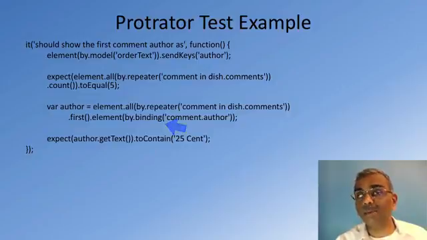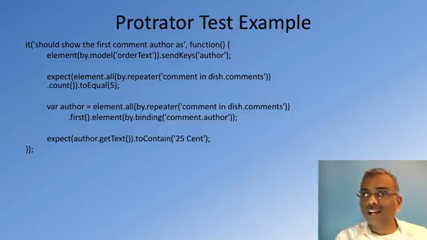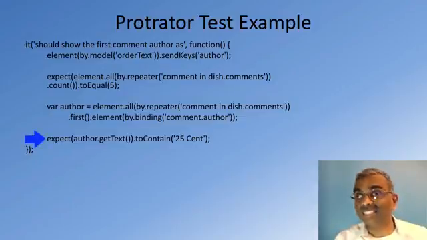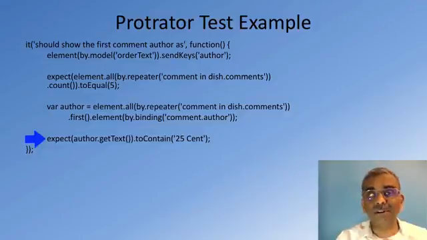By binding means that this particular field is bound to this comment dot author value in my template. So the expression should have been using that there. I am extracting out what is contained in there. So that particular HTML element, I am making use of and extracting the text in there, and then I'm going to check something.